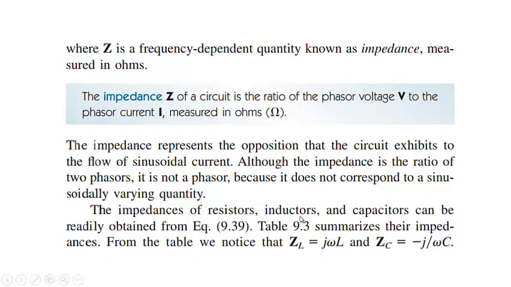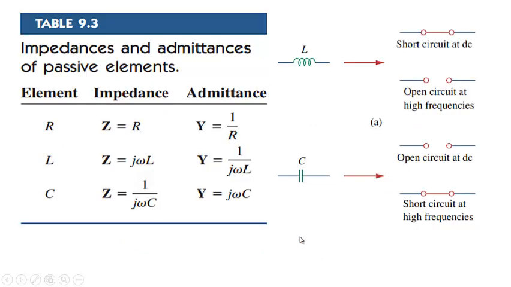The impedance of resistors, inductance, capacitance can be readily obtained from this equation, which are summarized in this table. That is, R is the element resistance whose impedance is R, and admittance is given as 1 by R. For L, impedance is j omega L and admittance is 1 by j omega L. Admittance is nothing but the inverse of this Z.